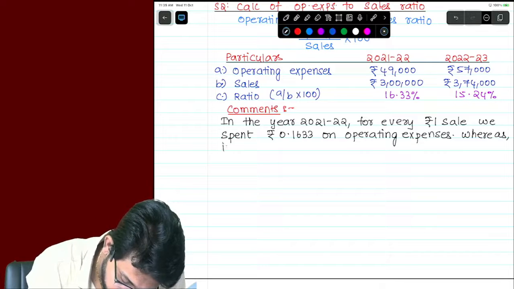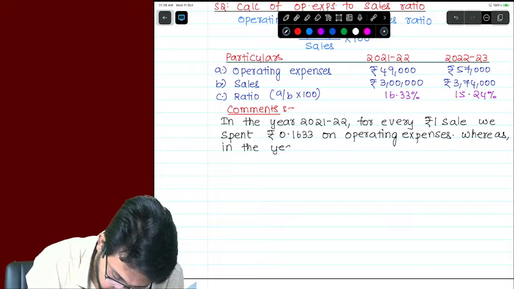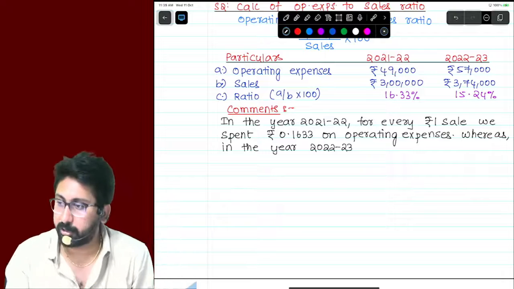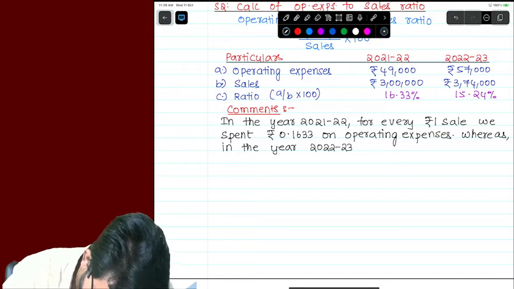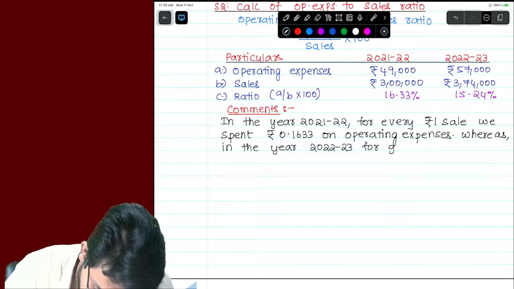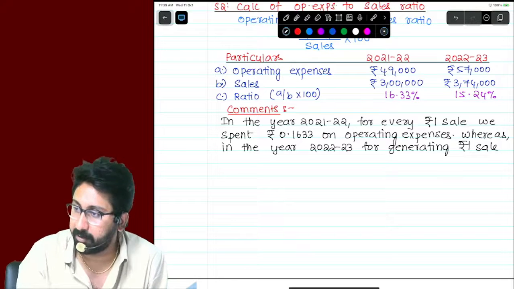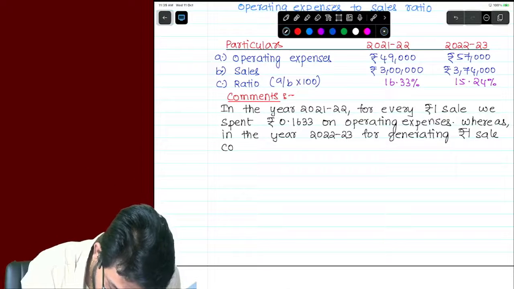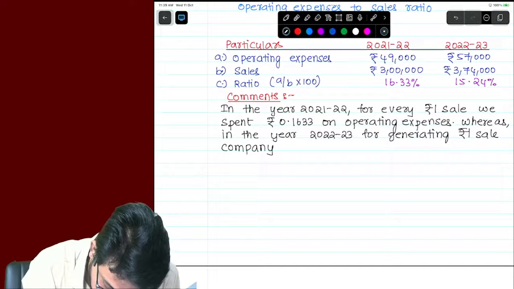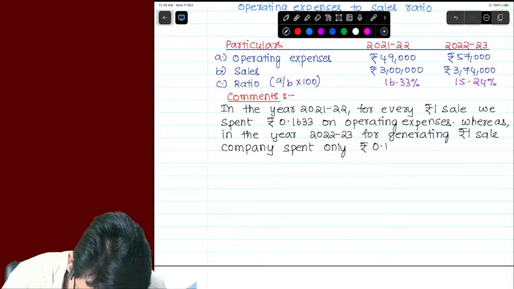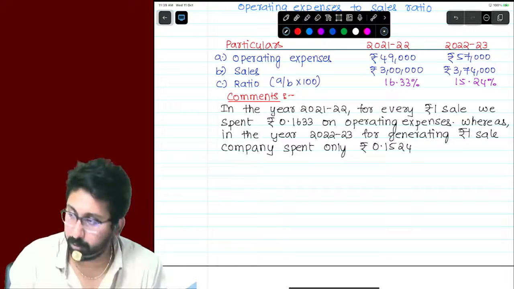Whereas in the year 22-23, for generating rupee 1 sale, the company spent only rupees 0.1524.